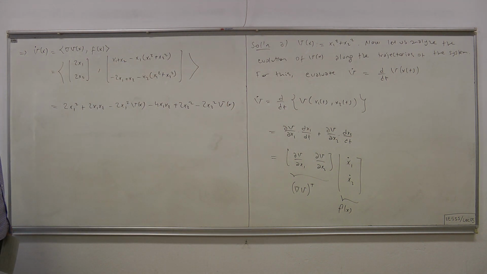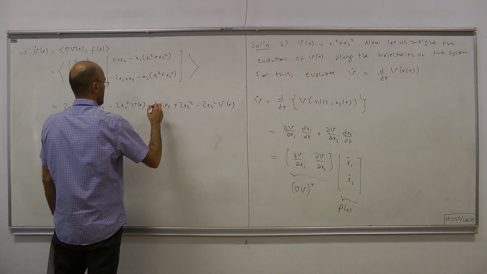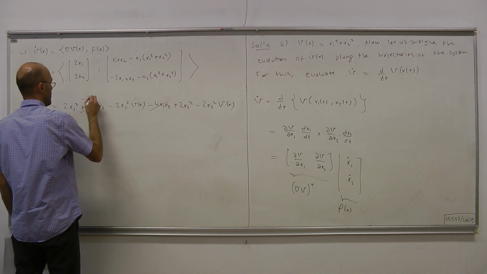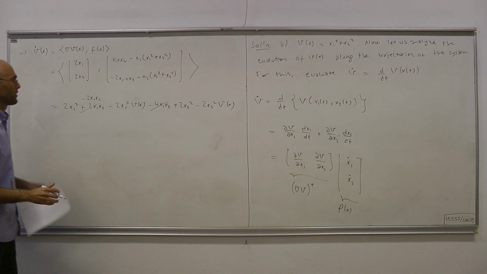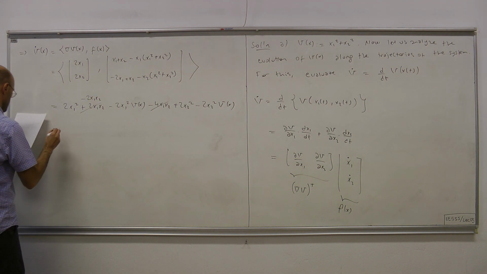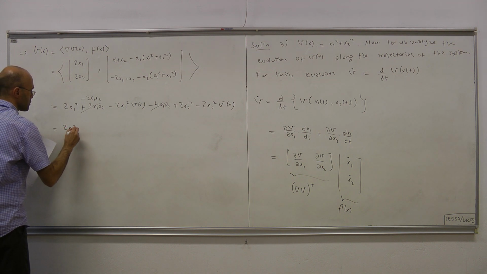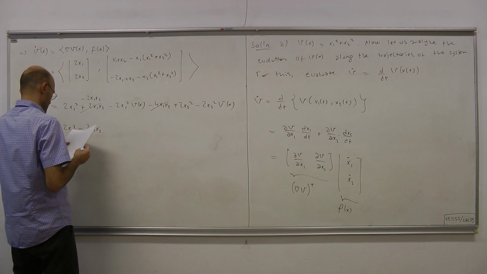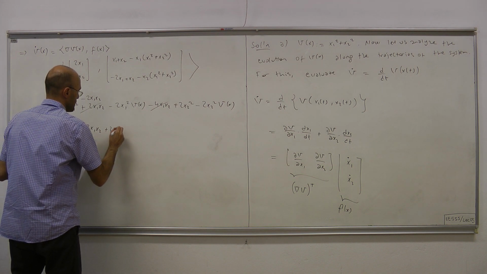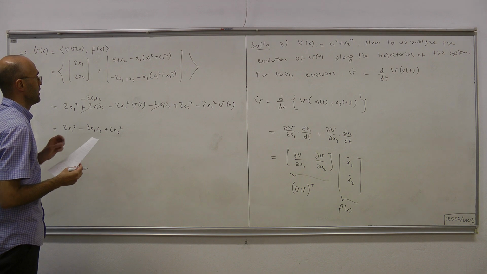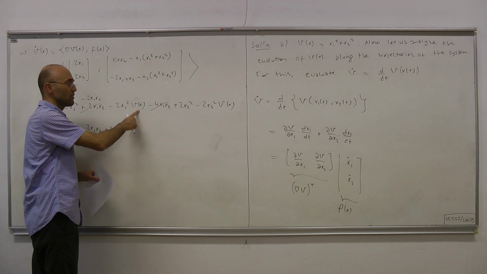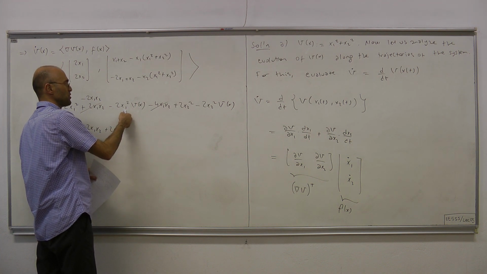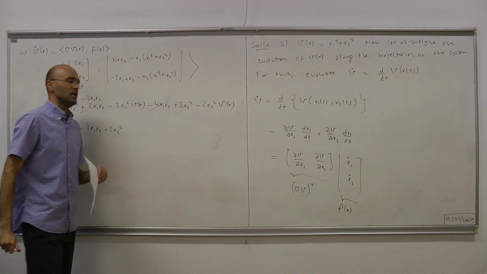Now let's reorganize the terms. For instance, this will cancel with this, and here we would have 2x1 x2, and so that reads 2x1 squared minus 2x1 x2 plus 2x2 squared, and what we have is minus 2V of x times (x1 squared plus x2 squared).